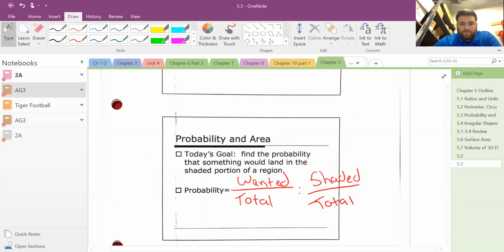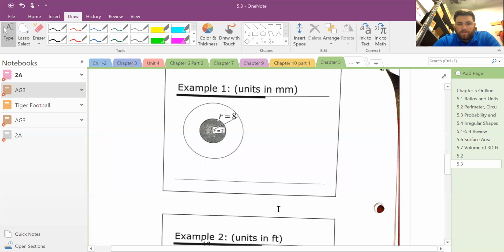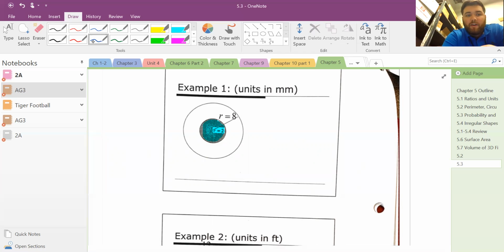So let's get into example one. Here is the shaded small circle, and the small circle is inside the bigger circle. Once again, I want to find the area of the desired and then the area of the total. The small circle has a radius of 2, whatever the units are.